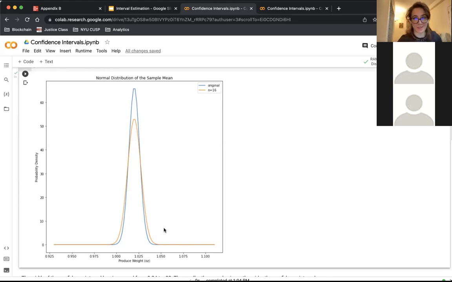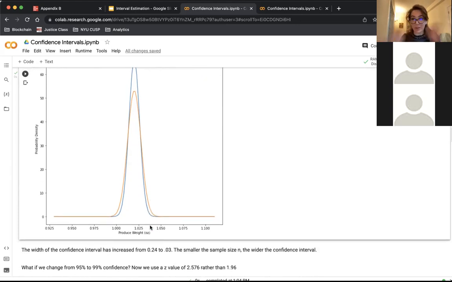Yeah, in a sense, I would say it's more that the area under the curve is getting wider. So if you wanted to take that confidence interval, you needed to widen it a bit more because the sample size is smaller. There's more chance that this distribution is due to chance.